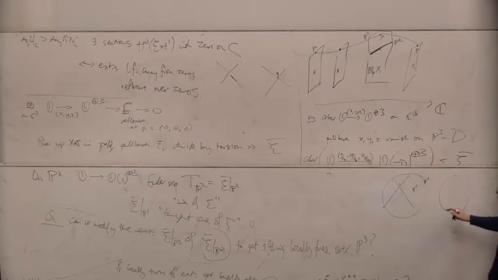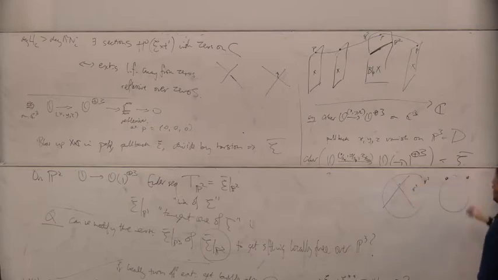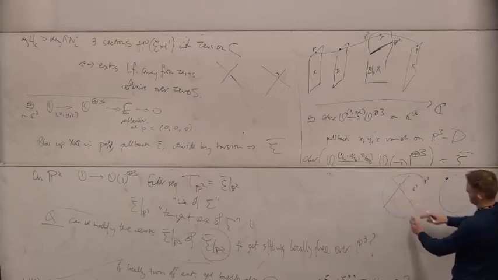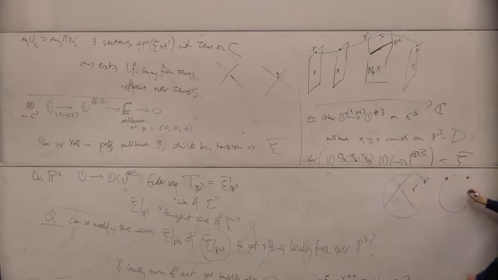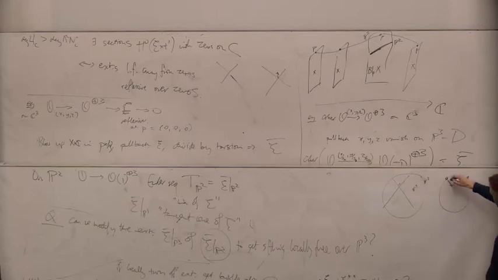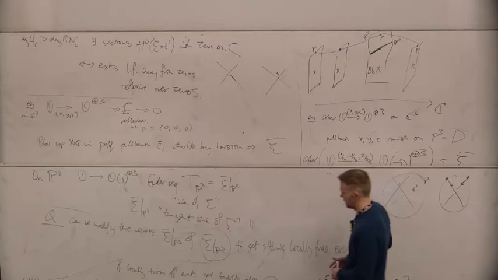On P2, all you end up with is the 2 points of intersection of these two curves. As you extend the sheaf over P3, you don't take the extension that you started with; you take a different extension where these points head off in a slightly different direction, so you can make these two curves not intersect. And that's how you end up with a bundle which extends over P3 and is really locally free.